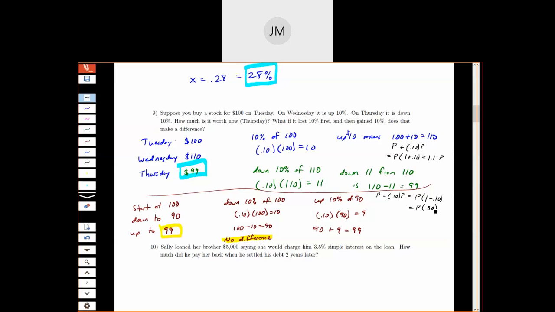If I take away 10%, it leaves me with 90%, so I have 90% times P. So if I go from Tuesday to Wednesday by multiplying by 1.1, and then from Wednesday to Thursday by multiplying by 0.9, it doesn't matter what order you multiply in, you get the same thing. Multiply by 0.9 first and then 1.1, or 1.1 first and then 0.9, it's all the same. And that's why there's no difference.